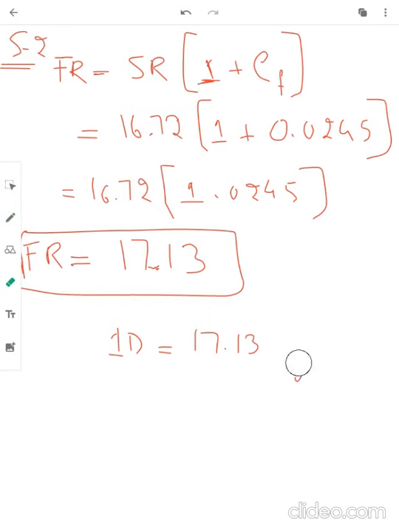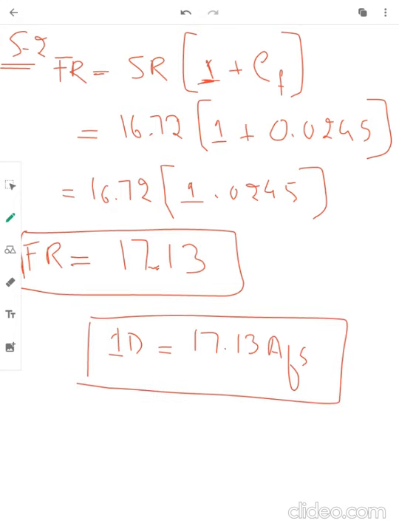If the inflation percentage, which is in our numerical, is for 1 year, it means that it is expected that after 1 year the price of the dirham will be equal to 17.13 Fs. So this is how you calculate the forward rate using the inflation percentages.